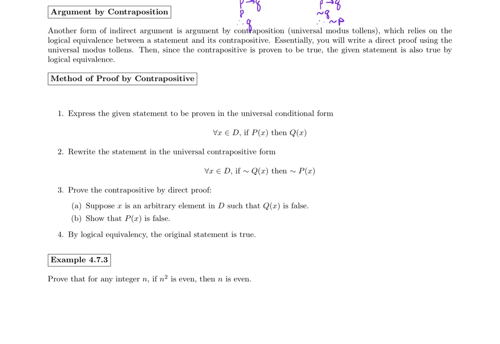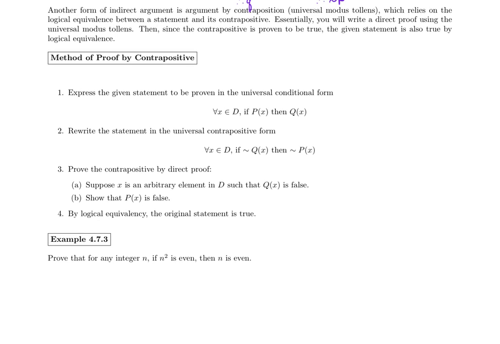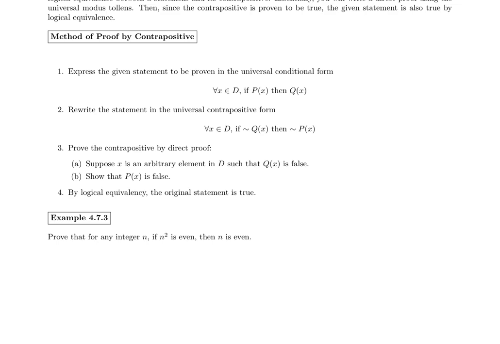And I laid it out here in this method with steps 1, 2, 3, and 4. 1, expressing our given statement as a universal conditional. 2, rewriting it as a contrapositive. 3, proving that the contrapositive is true through direct proof. And then by logical equivalency, the original statement will be true. So much like in our proof with cases and our proof by contradiction, we have to have a conclusion in our proof by contraposition that shows that we understand the logical equivalency involved.